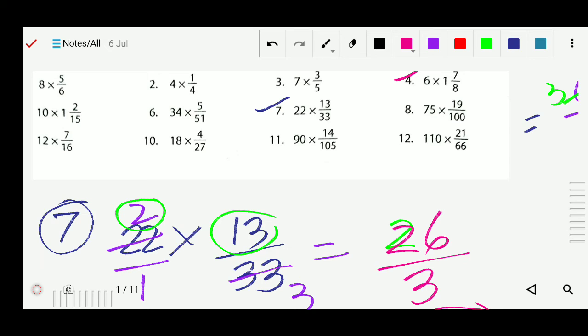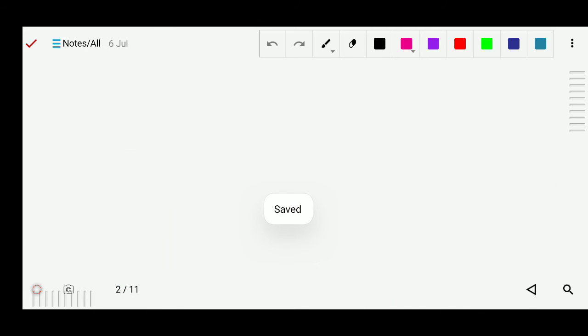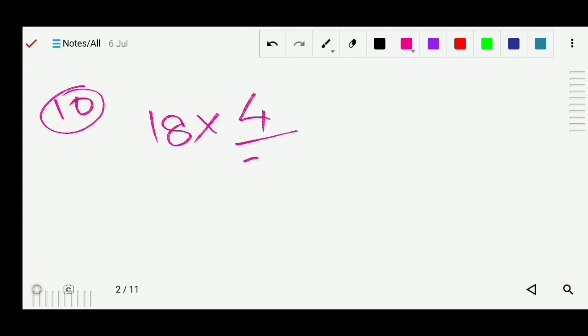Now question number 10: 18 into 4 by 27. Let's solve it. We can write 18 by 1. Now we can divide by 3. 3 sixes are 18. You know the table of 3: 3 twos are 6, 3 nines are 27.